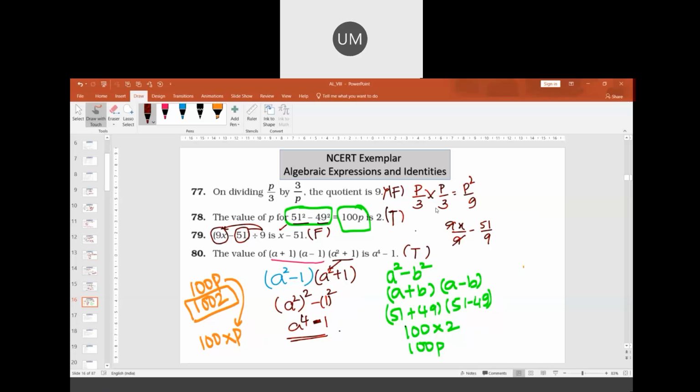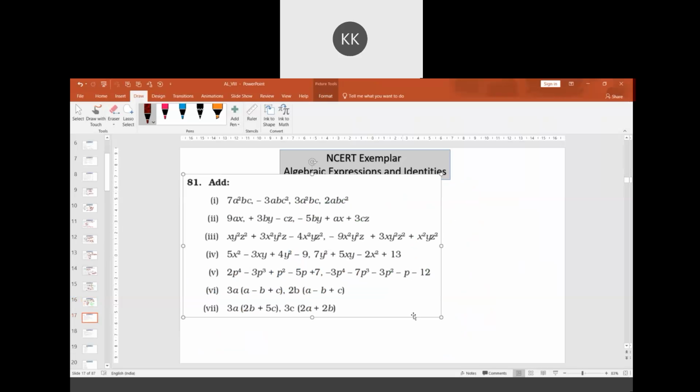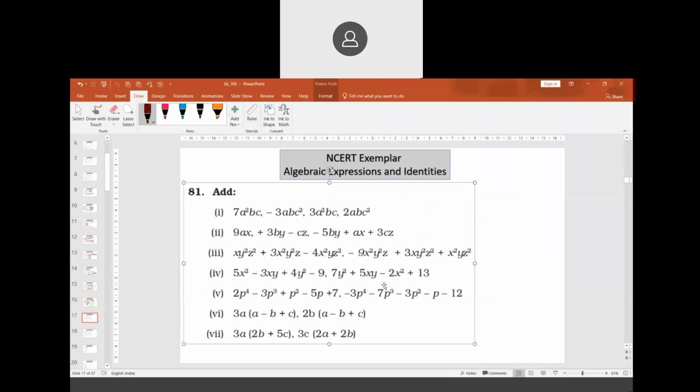Any next doubt? Sir, I understood. Very good. Do revision on the last chapter. Which is the next chapter, sir? We can do any chapter, sir. Except rational numbers, all chapters are there. Which is the next maths chapter?